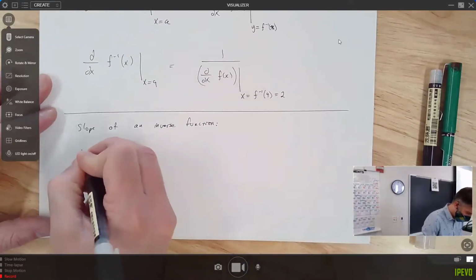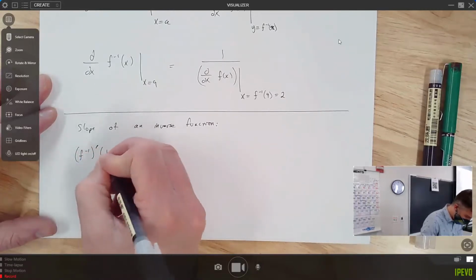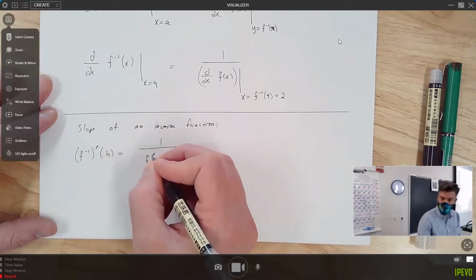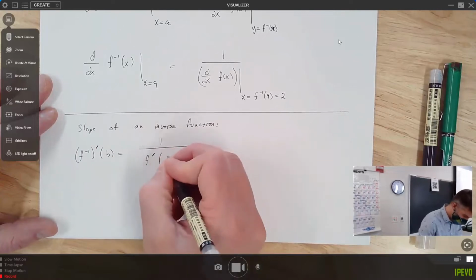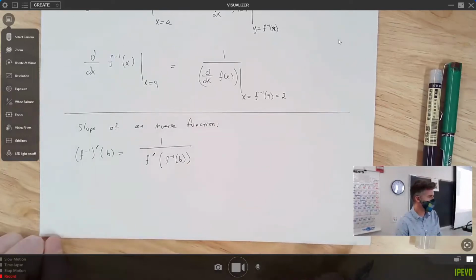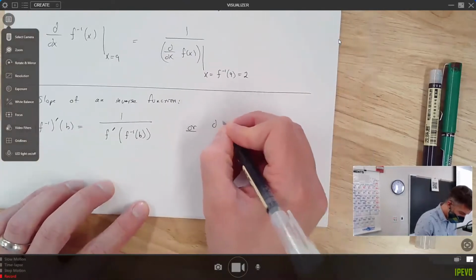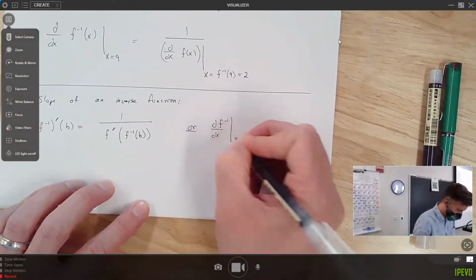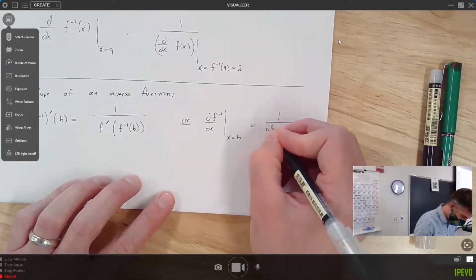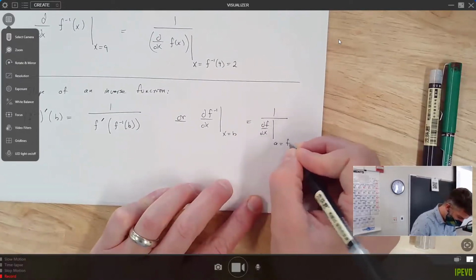The derivative of f inverse at some value b is equal to 1 over the derivative of the function at f inverse of b. Or sometimes you'll write this as d f inverse dx evaluated at x equal to b equals 1 over df dx evaluated at a equal to f inverse of b.